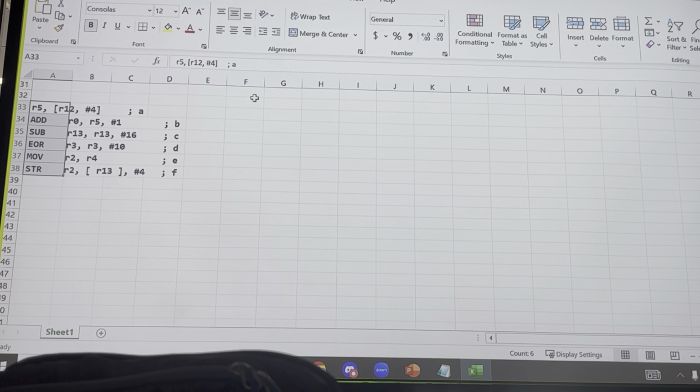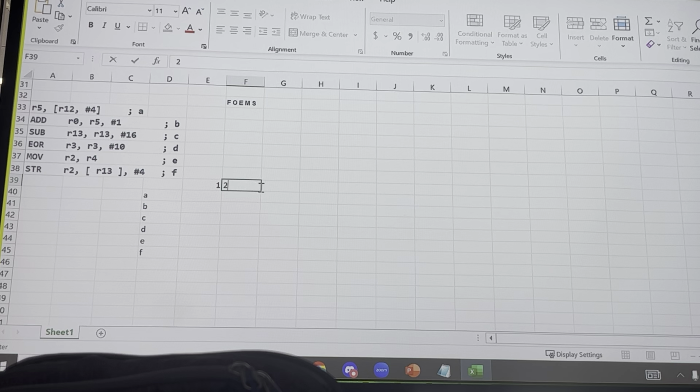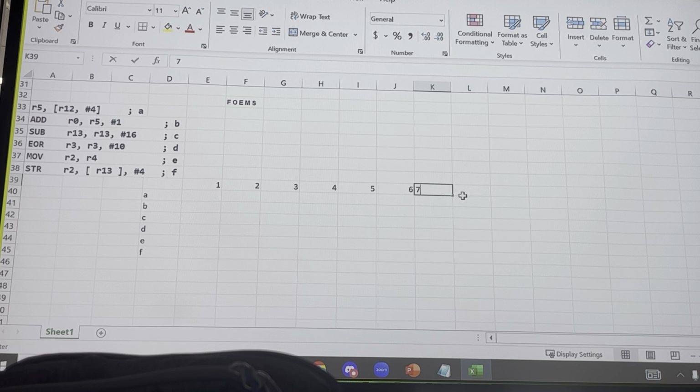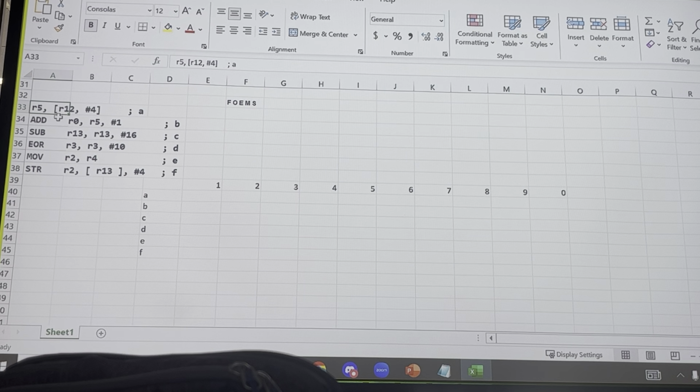Yes, there's fewer cycles here than the last one. You're missing the first instruction, the LDR. Just the LDR? Yeah, just LDR.